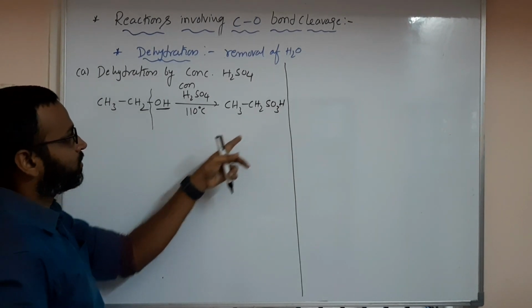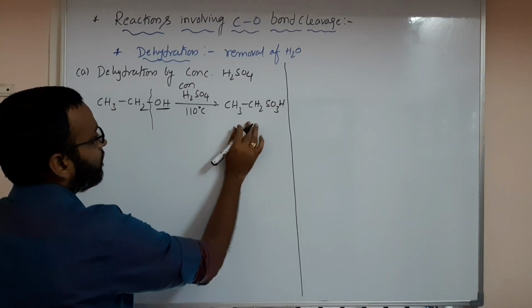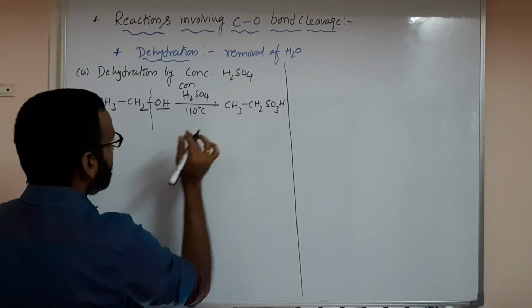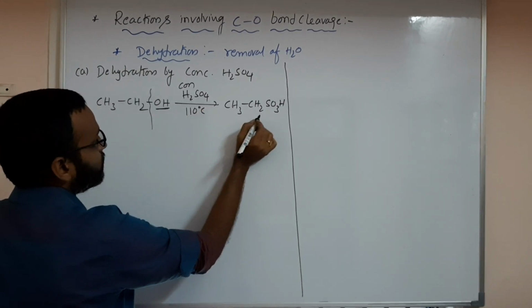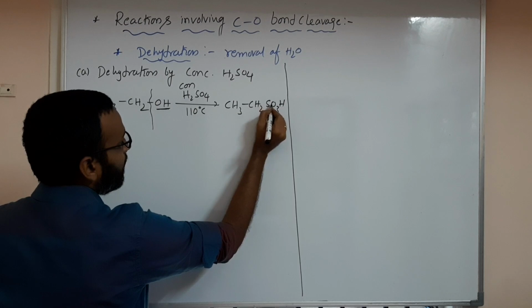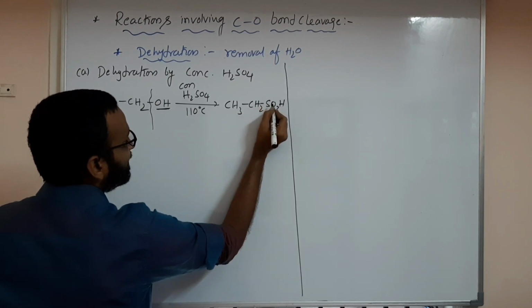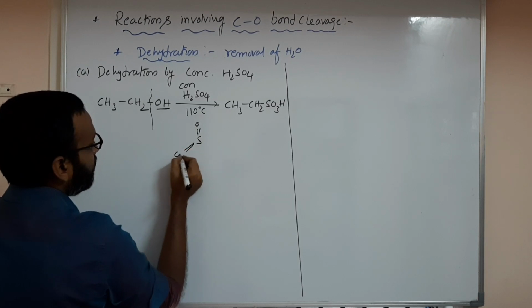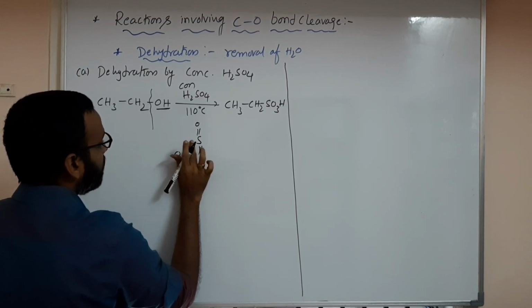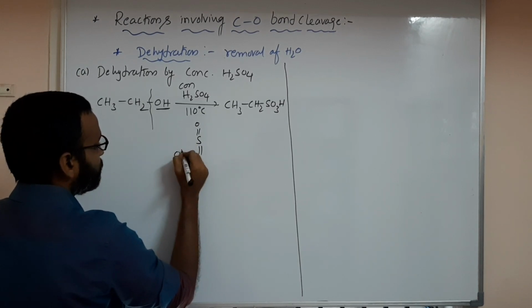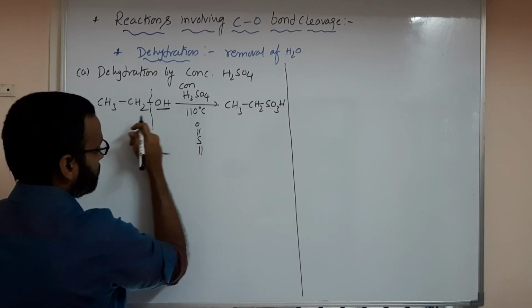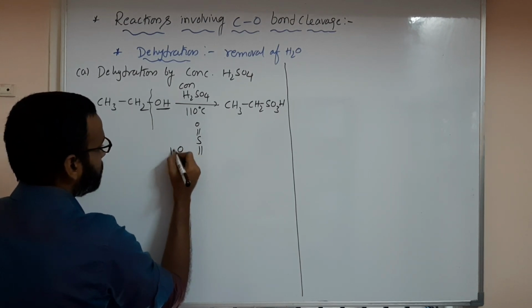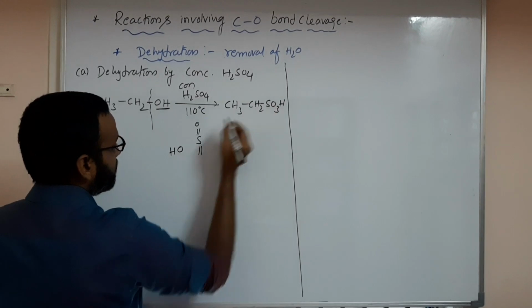H2SO4 is S double bond O, double bond O, OH, OSO3H actually.